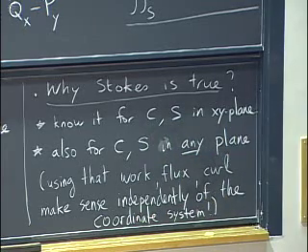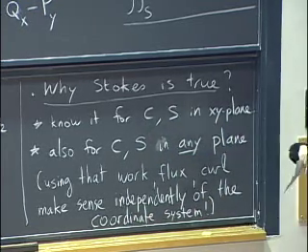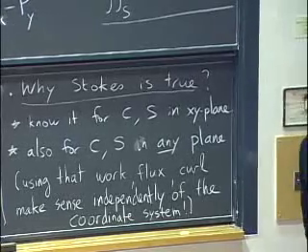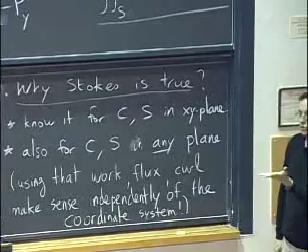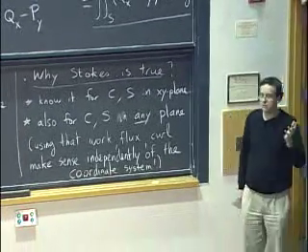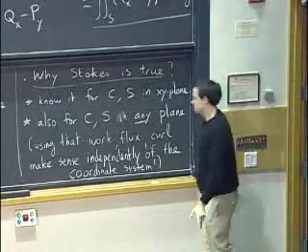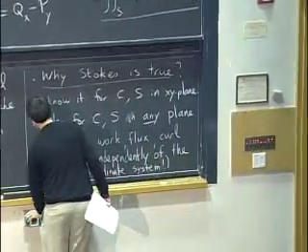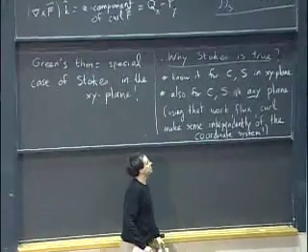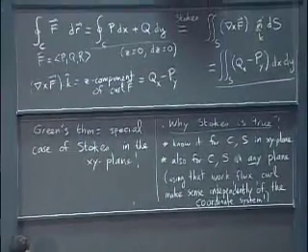Now, I mean, this has to stop somewhere. I can't start claiming that I can somehow bend my coordinates to claim that any surface is flat. That doesn't really work. But what I can say is if I have any surface, I can cut it into tiny pieces. And these tiny pieces are basically flat. So that's basically the idea of a proof. I'm going to decompose my surface into very small flat pieces.